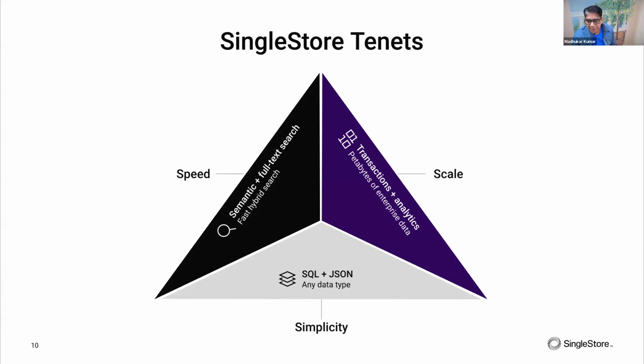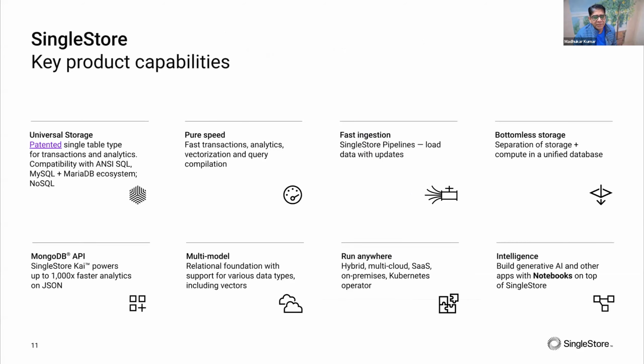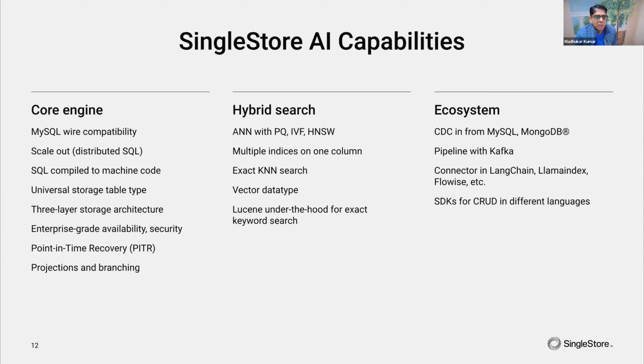We do both transactional workloads as well as analytics workloads, and we manage and support any kind of data type, including, of course, SQL, JSON, time series, key value, geospatial, and so on. I'll skip this because you can go read about this on our website.